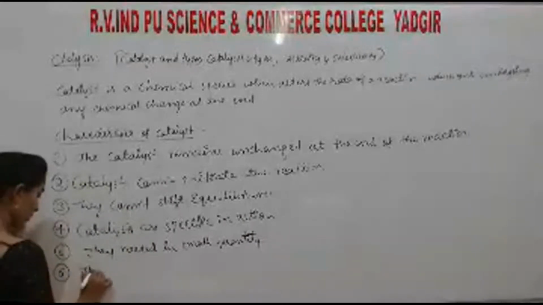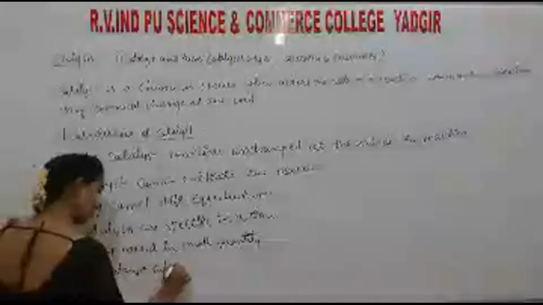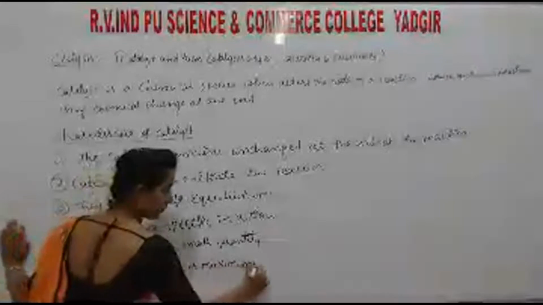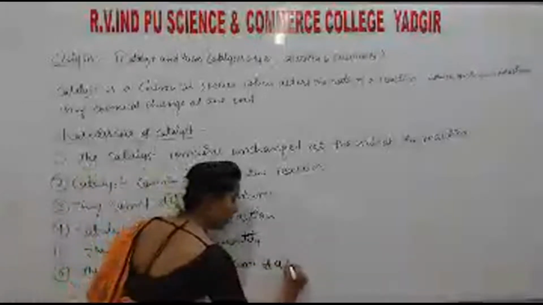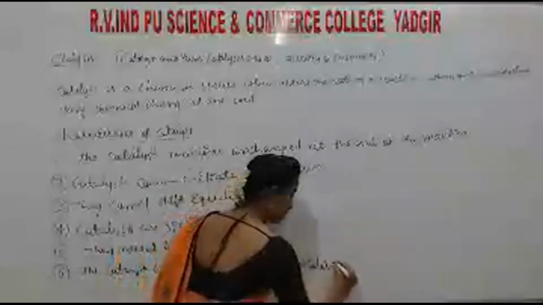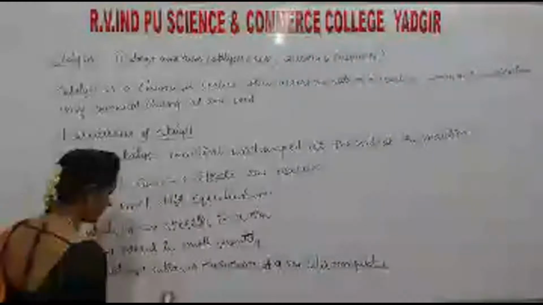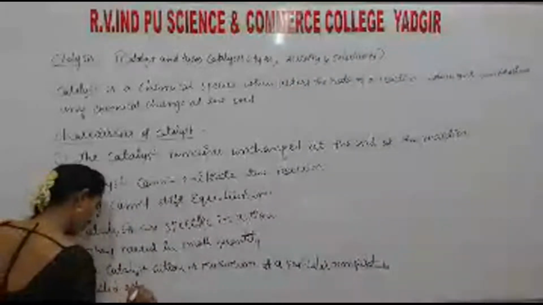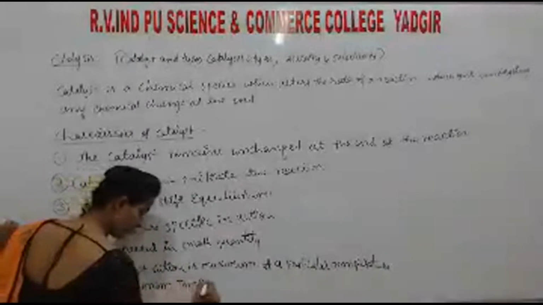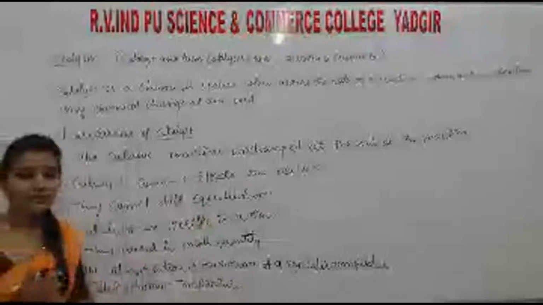The catalyst action is maximum at a particular temperature, called optimum temperature. Understand? So these are the characteristics of the catalyst.